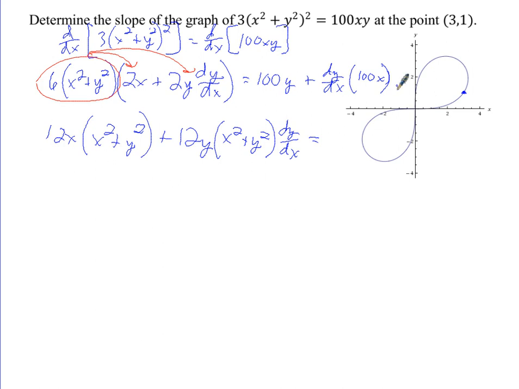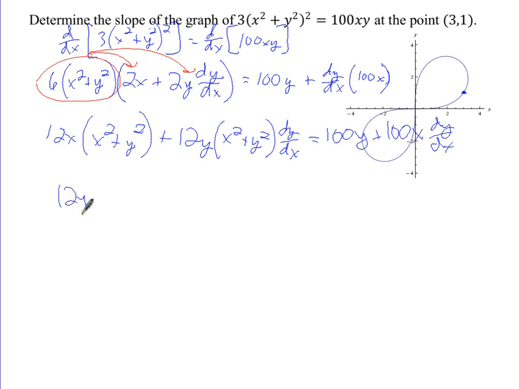On this side, do we need to do anything special? No, not really. So I'm just going to rewrite it. 100y plus 100x dy over dx. Okay. dy over dx on which side? Left? All right.